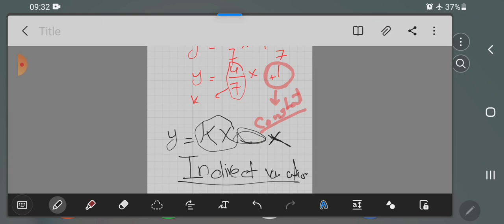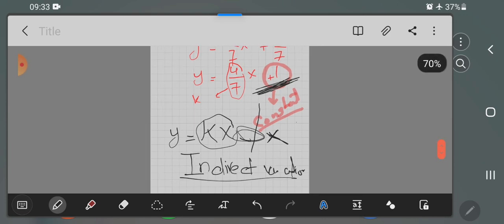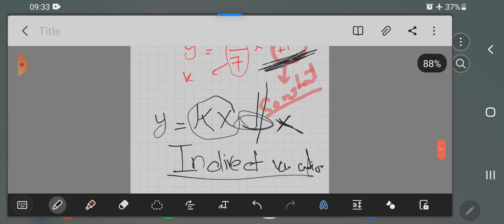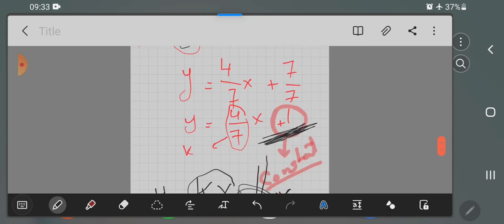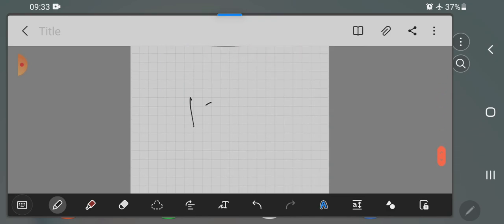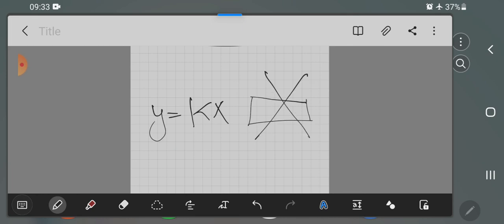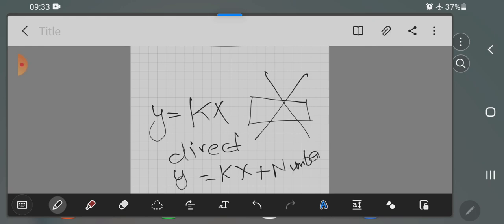I need to tell you, you have here an extra constant. Concentrate with me. Again, kx equal y. Do you see here any constant? No. So this one is direct. If you have y equal kx plus any number you see, then this one is indirect variation.